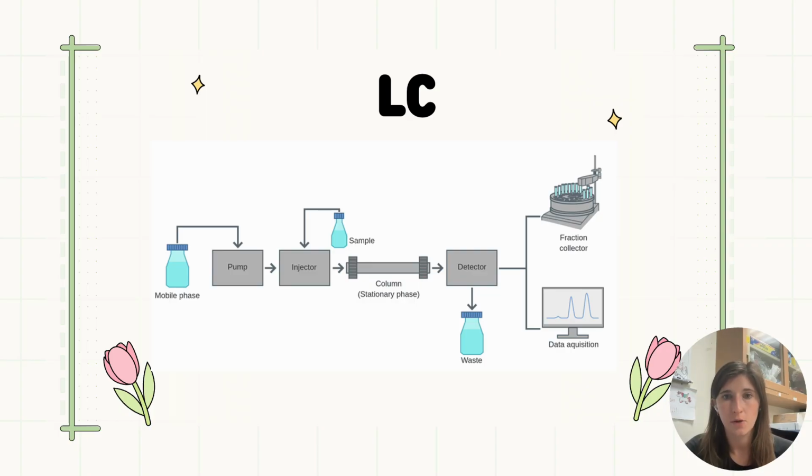And in this case, polar compounds are going to be more attracted to the stationary phase. So they're going to have longer retention times because they're going to be interacting more with that stationary phase than they are with the mobile phase. Usually, if you're using a stationary phase that is polar, you're going to be using a non-polar mobile phase.